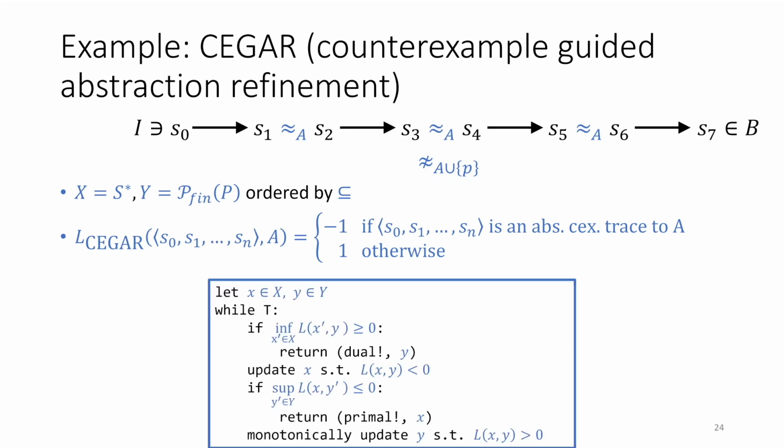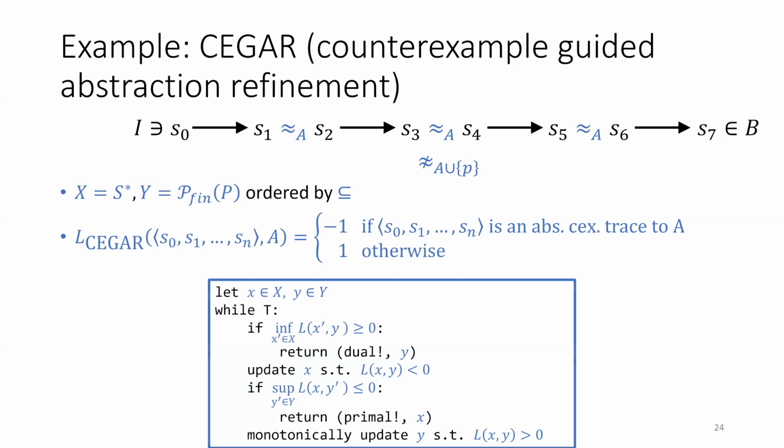Now if you think about what this two-player game algorithm does, you start at some arbitrary point. Maybe you start at the empty trace and, I don't know, just the safety property or something like that. And then you let the X player take a move to minimize the Lagrangian. The way X would minimize the Lagrangian is by finding an abstract counterexample.